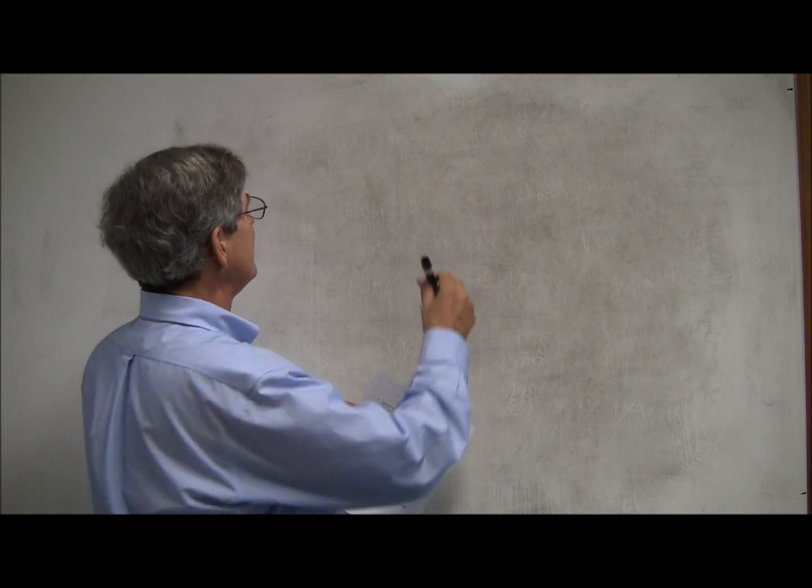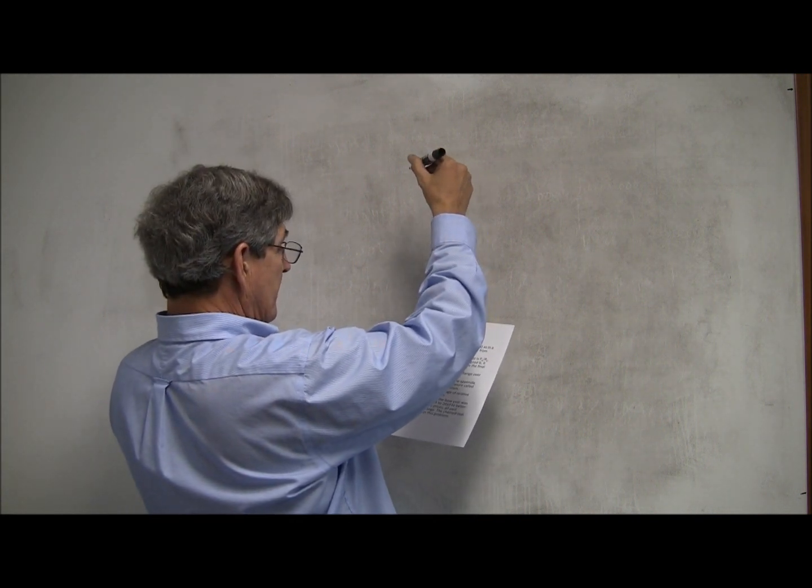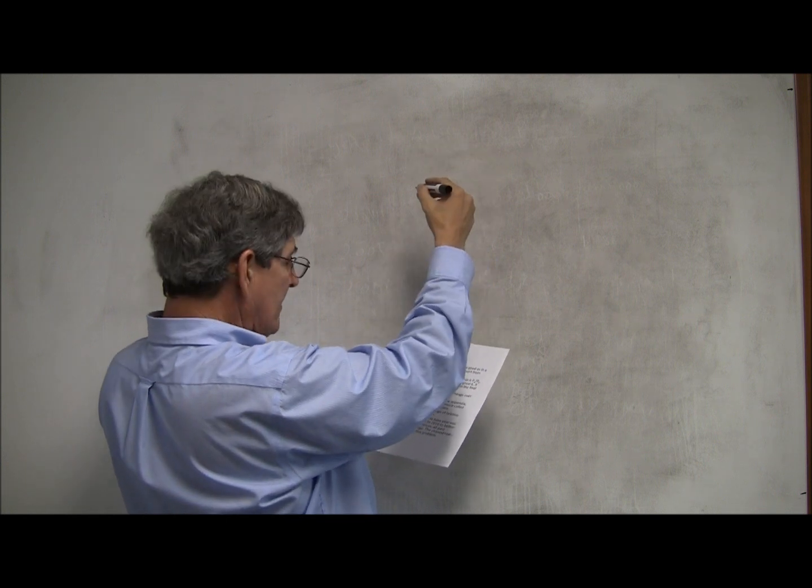Suppose there's two goods, A and B. How do you go from real to nominal in that case?